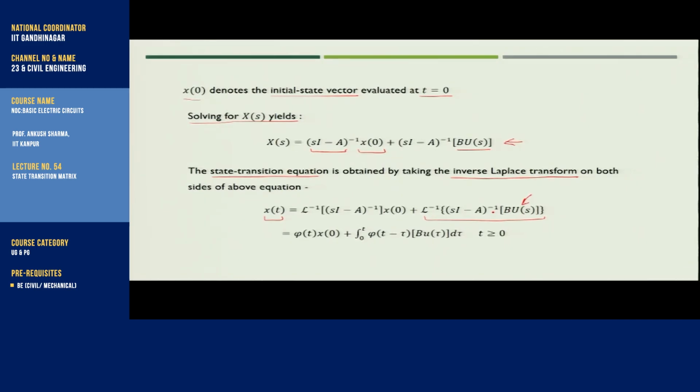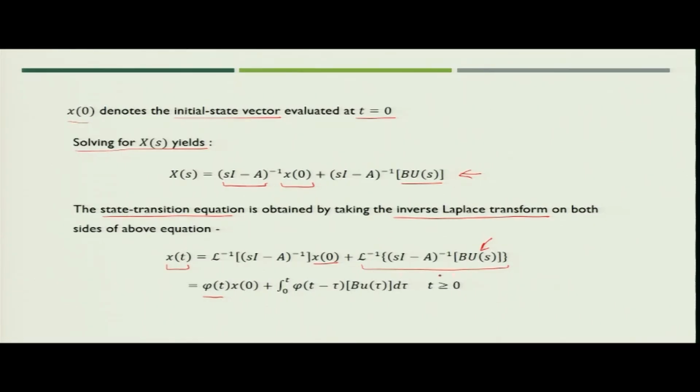The first term is nothing but the state transition matrix, so you get phi(t) x(0) plus the inverse Laplace transform of this component.